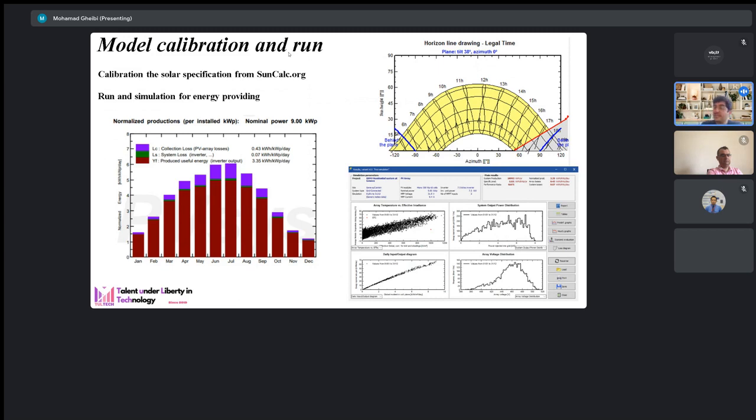In the software, if you go to the adjustment of horizon line drawing, based on a specific tilt and azimuth that you used before, you can add from the SunCalc website the altitude, longitude and latitude of your region in comparison with the sun, and then finally your model will be calibrated.